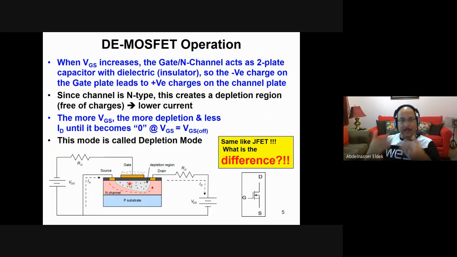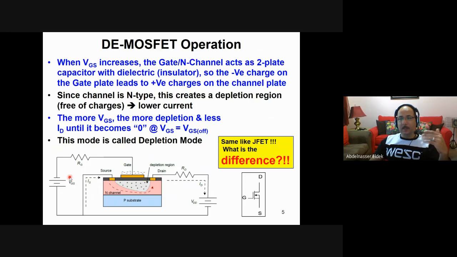This means you are increasing the negatives, then actually you are increasing the number of electrons. When you increase the number of electrons, you are increasing the current. So if this voltage is positive, the more positive this voltage, the more current you can have.